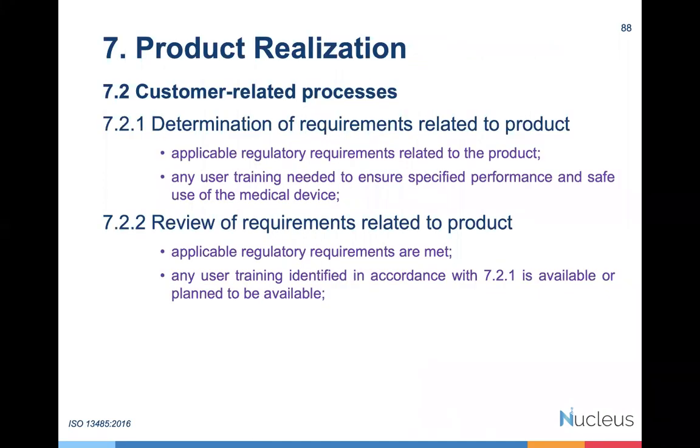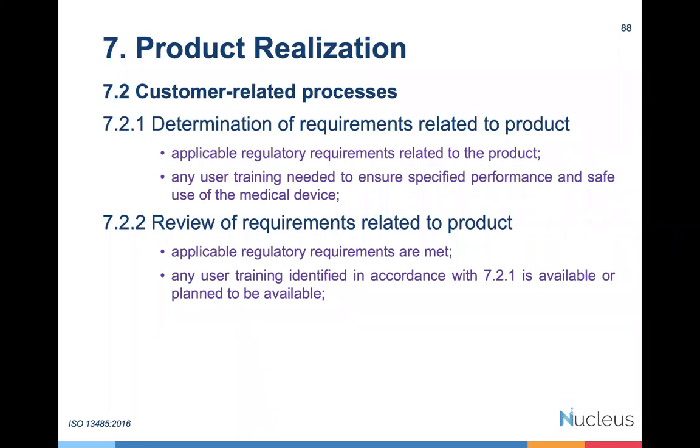Then 7.2. This is the customer related process. How you are going to deal with your customer, how you are going to determine the requirements of the product. Here you need to pay more attention, because most of the time you are just a manufacturer or just a service provider. So it is your responsibility to ask your customer, is there any applicable regulatory requirement for the product I am going to deliver?